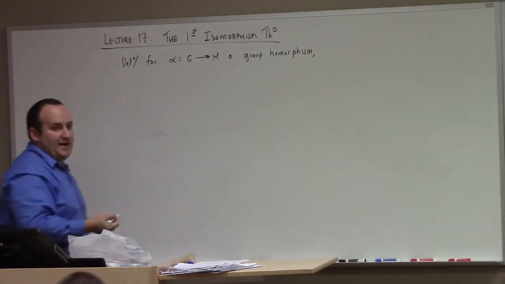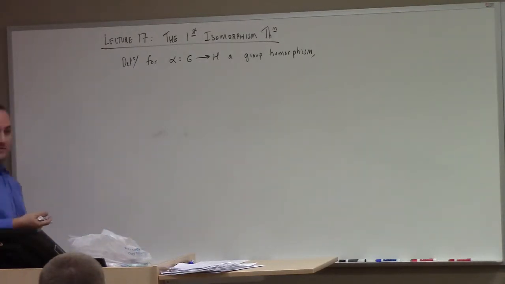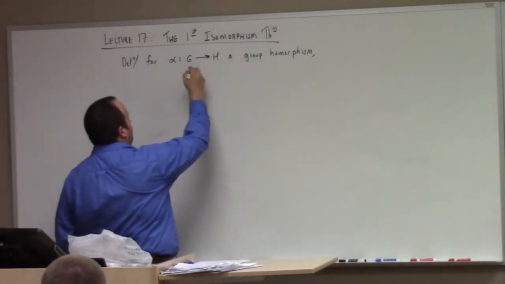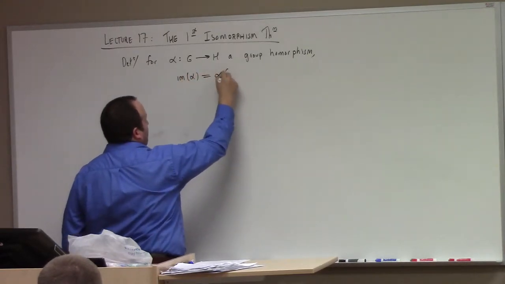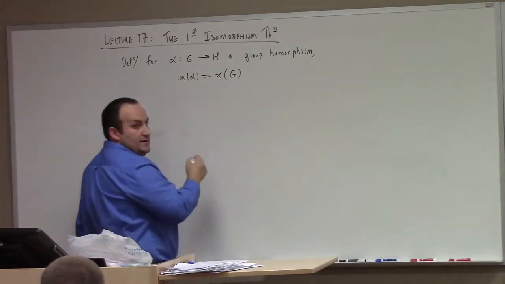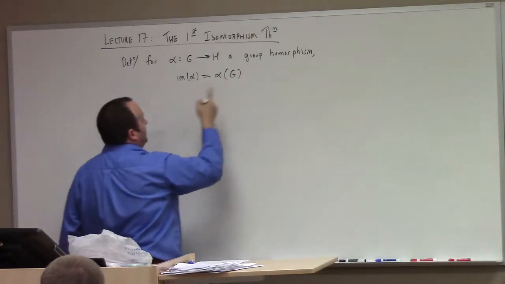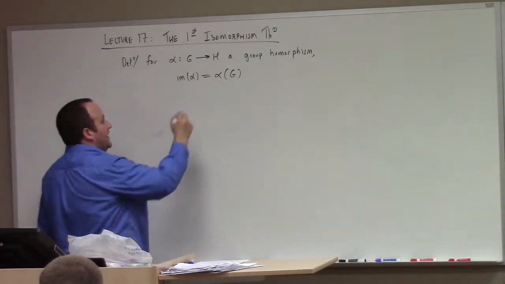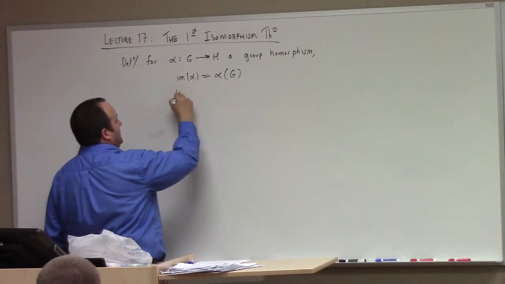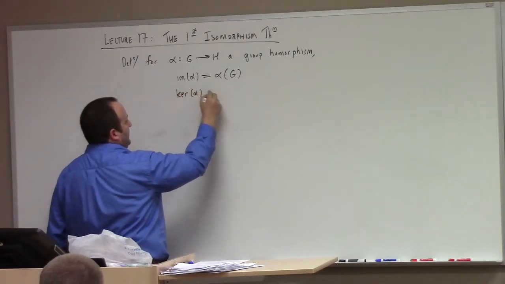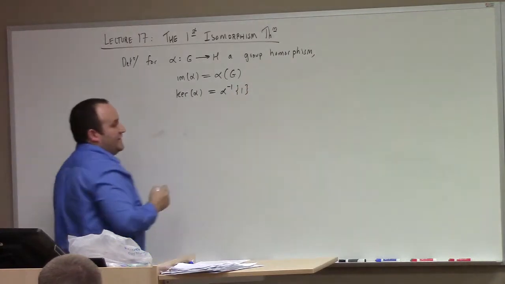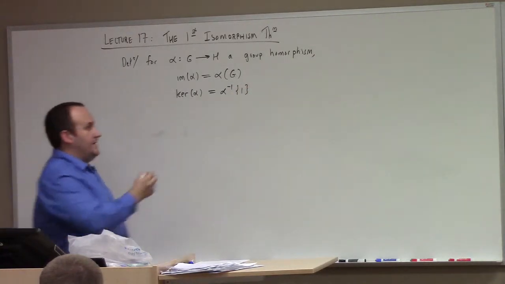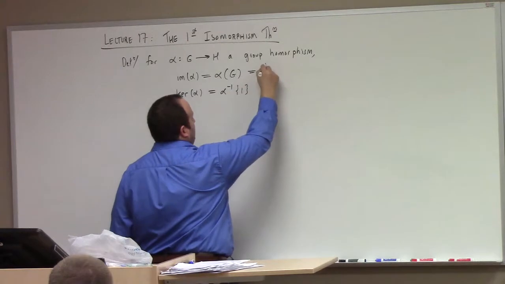So he's finally getting back to prove some things I've already proved for you guys. In particular, I've already proved that the image of alpha, which is also known as alpha of G, is a subgroup of H. And we also already proved that the kernel of alpha, which is alpha inverse of 1, is a subgroup of G. Now, I'll remind you more specifically what that means.